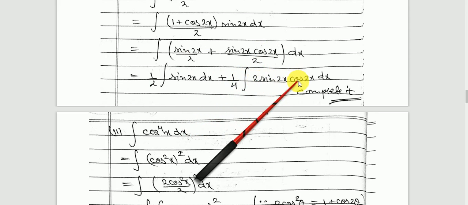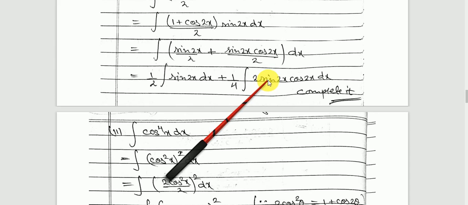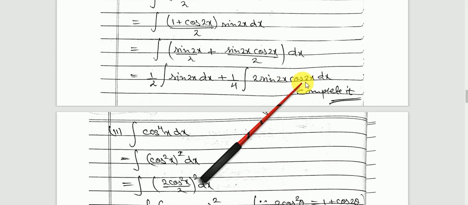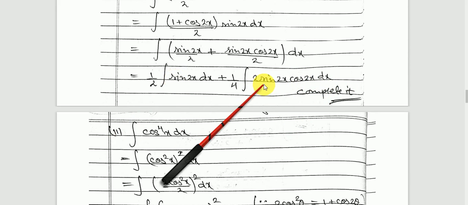So first write them separately, then 1 by 4 into this 2 sine 2x cos 2x. This 2 times sine 2x into cos 2x can be written as sine 2 into 2x, and thereafter you can complete by yourself and integrate.